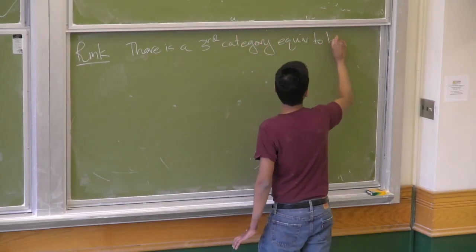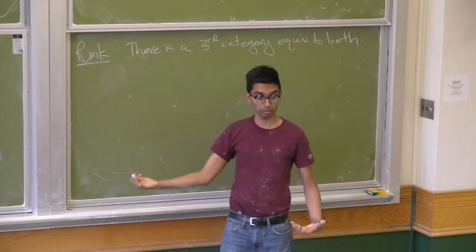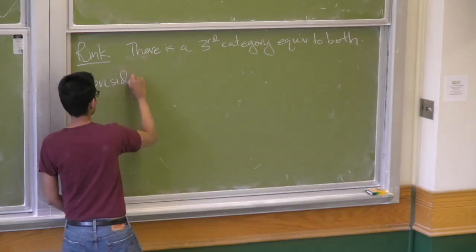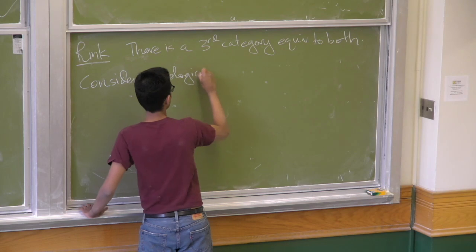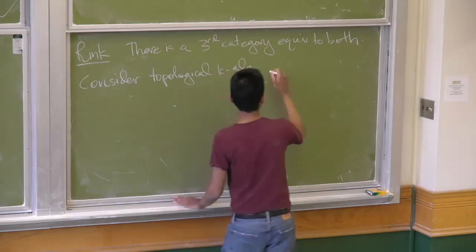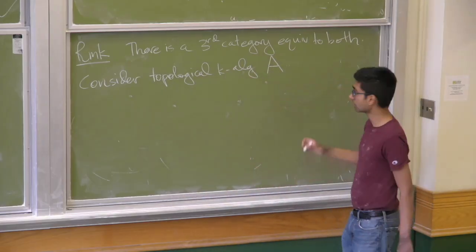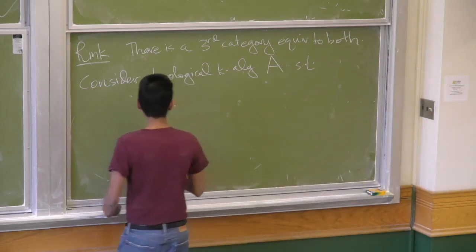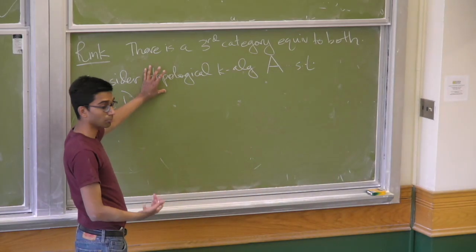Namely, I'm going to consider topological K-algebras, which I'll call A, which have the following properties. First of all, A is complete.